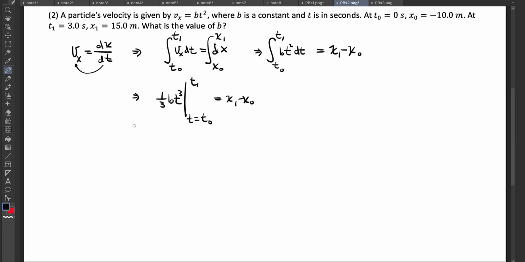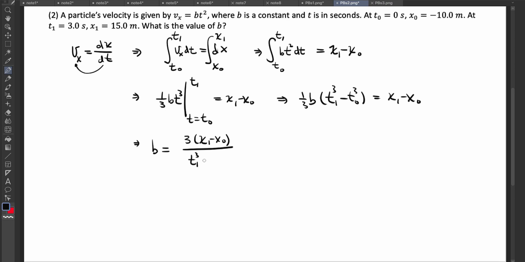Okay, and then we can plug in the upper bound: t1 cubed minus t naught cubed equals x1 minus x naught. Therefore, the value of b is given by 3 times the x difference divided by the t cubed difference.